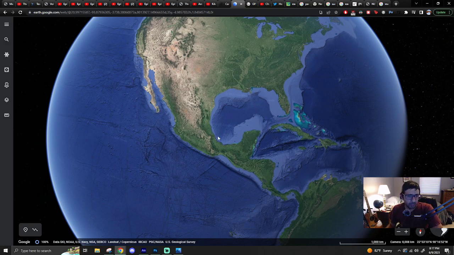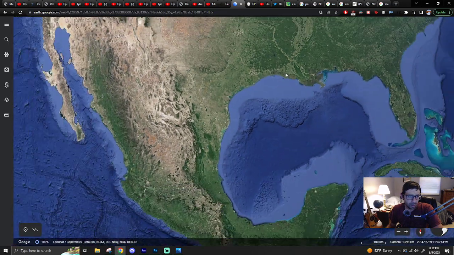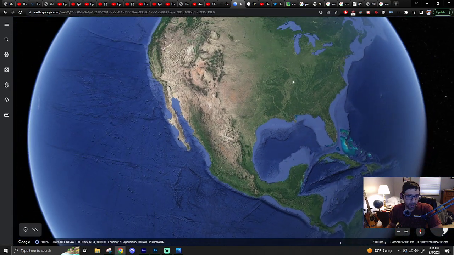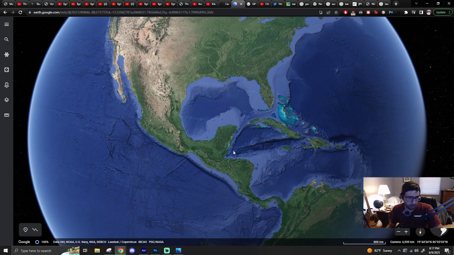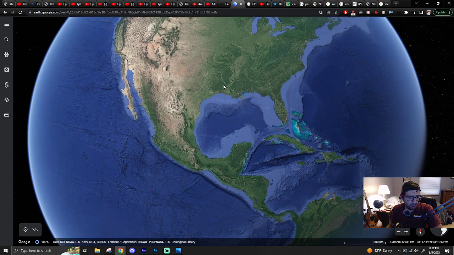Maybe it essentially came in at this angle right here, which was perhaps initially here. If it was up in there, then maybe.